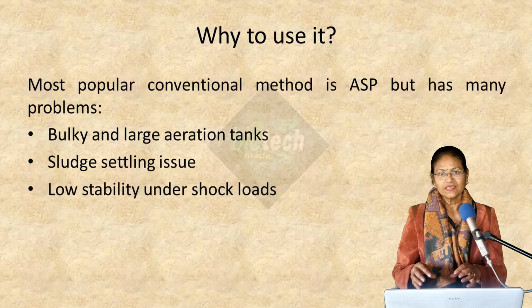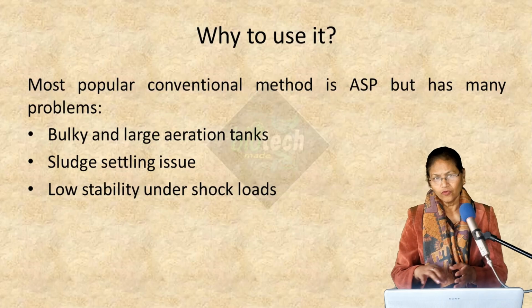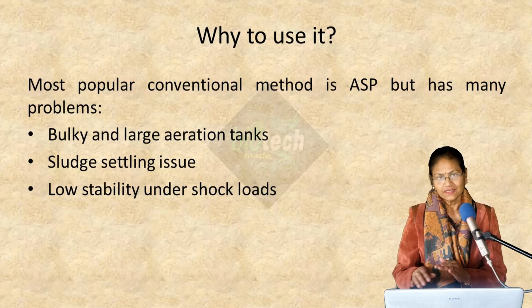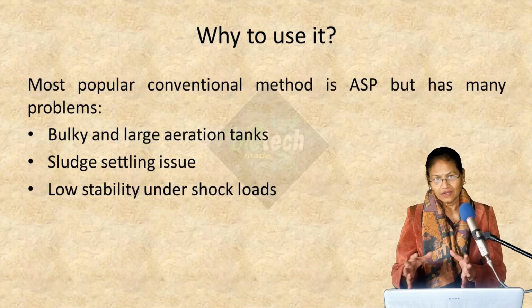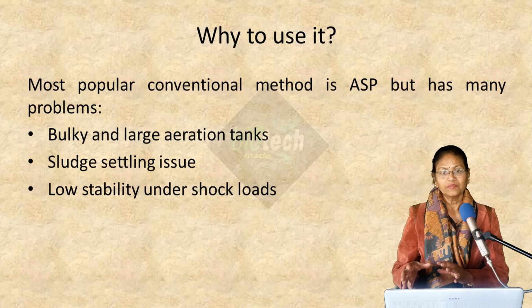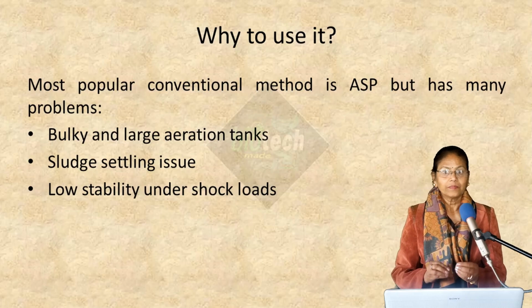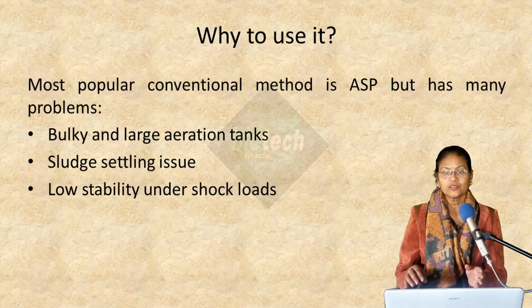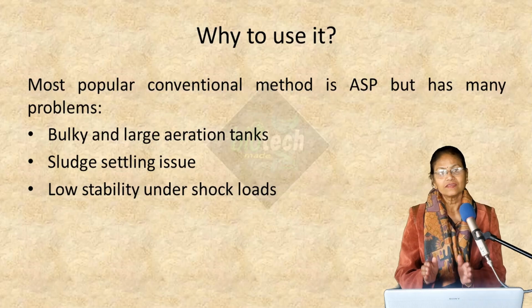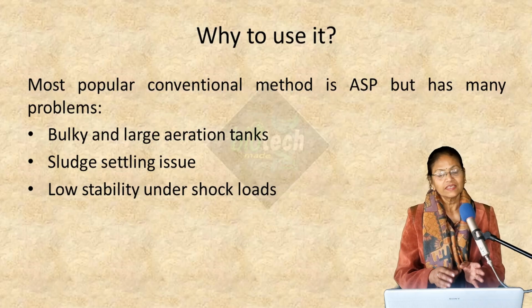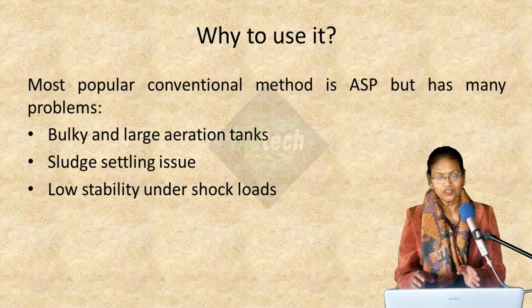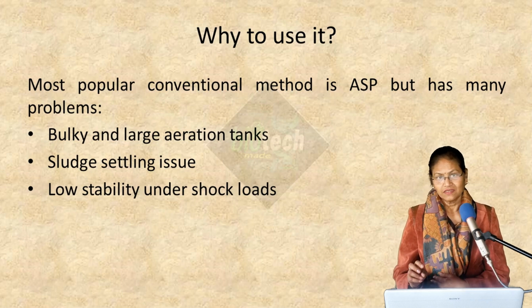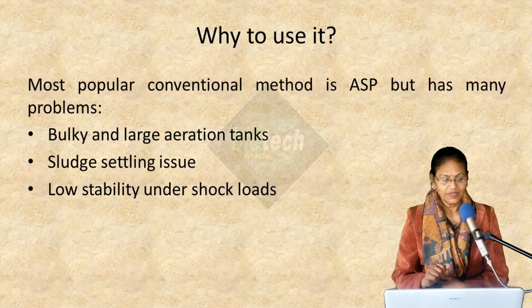Shock load is a condition when the flow of the wastewater is uneven. A large amount of wastewater comes suddenly, and the concentration of the pollutants present in the wastewater also changes suddenly. This condition is shock load, and ASP is not very good at handling it. It has low stability, so this is a big problem.